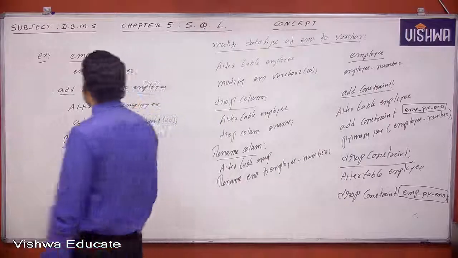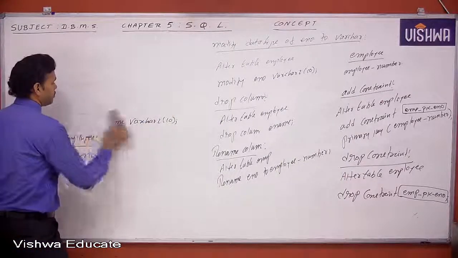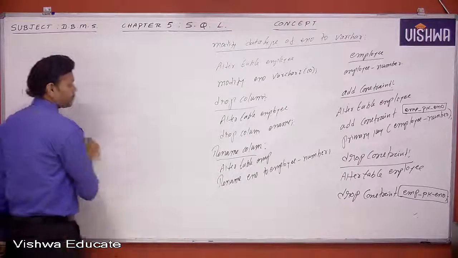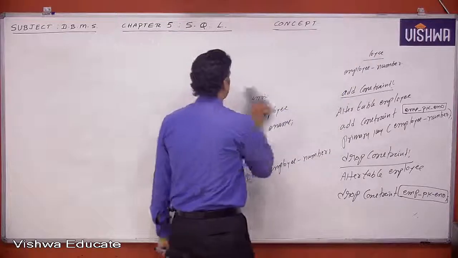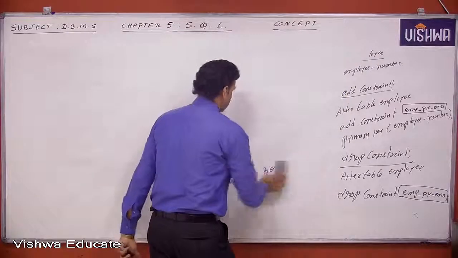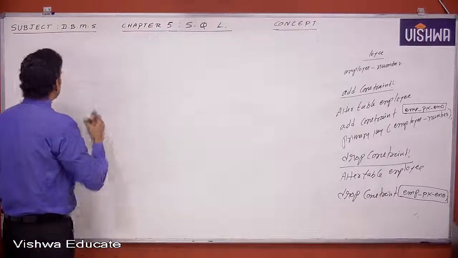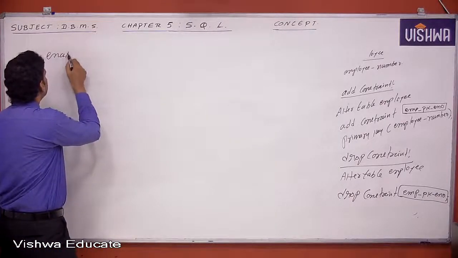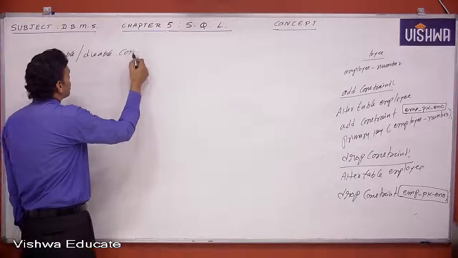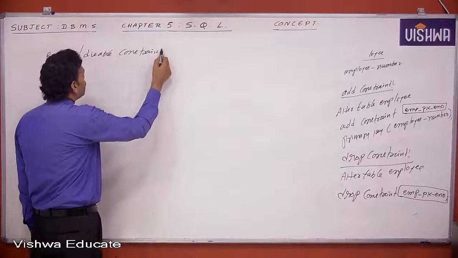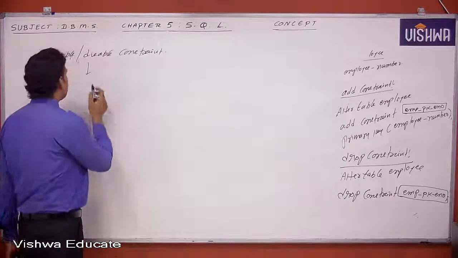Friends, now how to enable and disable constraints. Instead of dropping, I can go for enabling or disabling constraints. Again, to do this, the constraint name is required. What is the command?